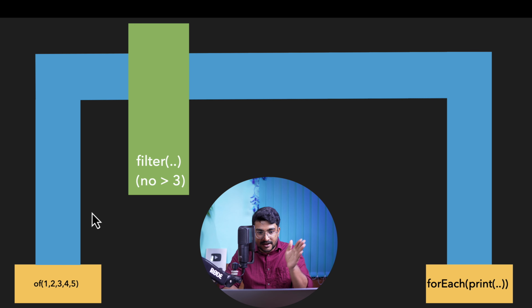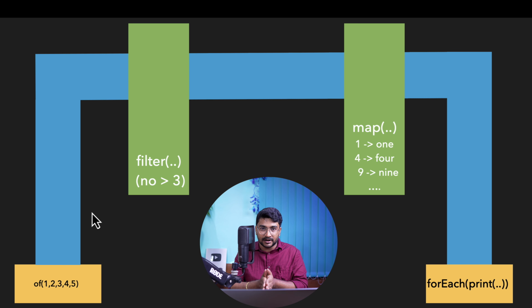And I have another worker here called map. This guy's job is to convert the number into words. If I get a number like 1, it will convert it to ONE in words. If it gets a number like 4, it will convert it to FOUR.